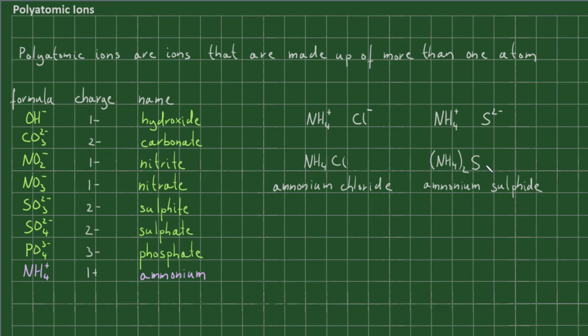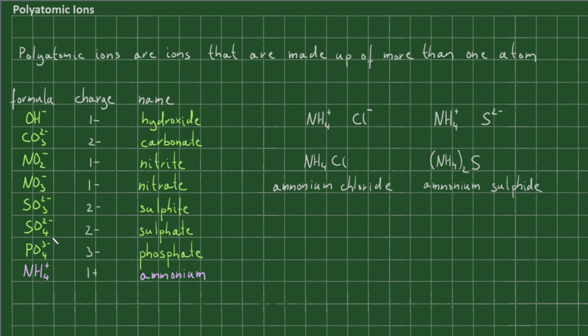And I will only have one S because the charge of the ammonium cation is 1 positive. Please note that we are now using a couple of very similar words. We have sulfide, which is S 2 negative. Then we have sulfite, which is SO3 2 negative, and sulfate, which is SO4 2 negative.